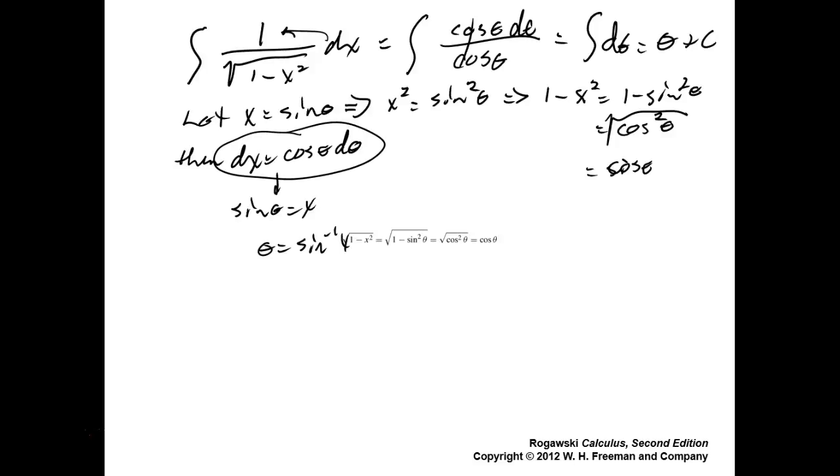So here's your answer: that integral would be inverse sine of x plus c. Okay? Let's see how they did. There it is, inverse sine of x plus c. I just couldn't see where they wrote the final answer.